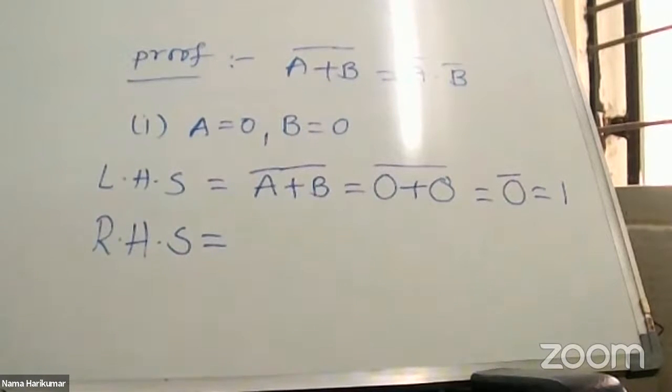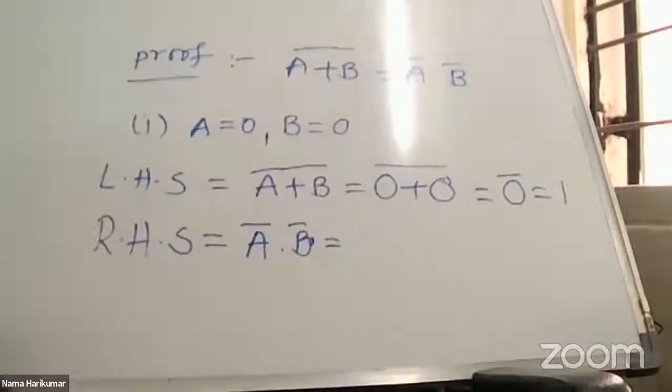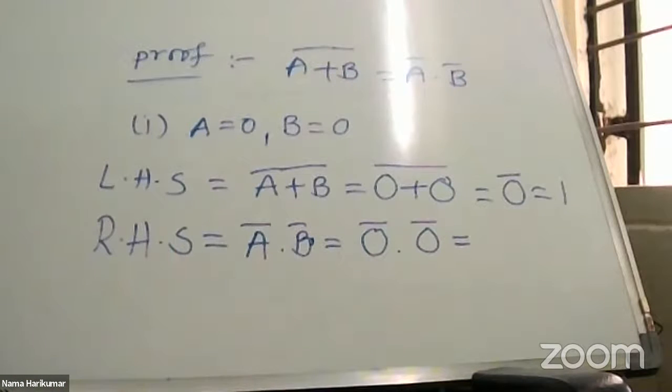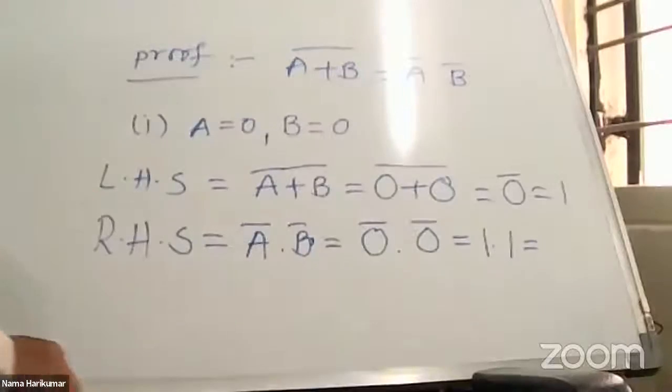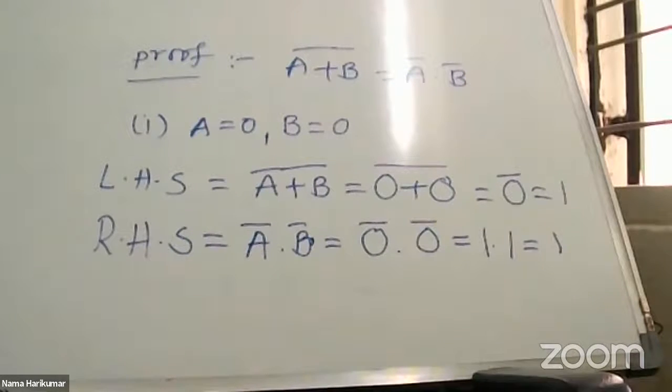In the RHS, A bar dot B bar: in place of A you put 0, and B bar or B complement is 0 complement. 0 complement is 1, and 1 into 1 gives the value 1. So when we put A equal to 0 and B equal to 0, we get LHS equal to RHS, that is 1 and 1.